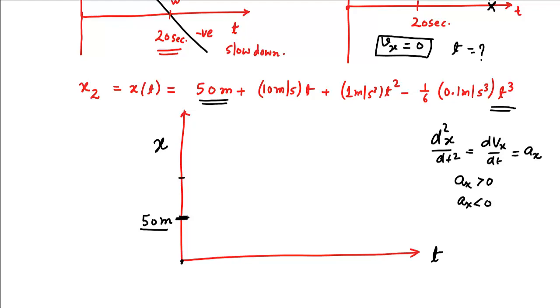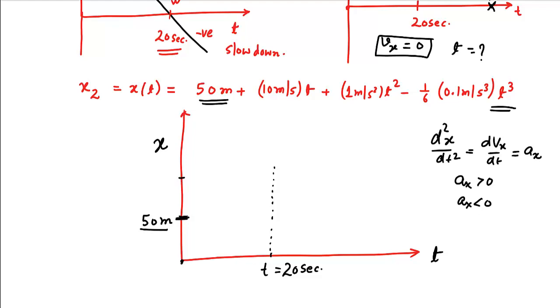At what point is acceleration equal to 0? If you remember, at t equals 20 seconds the acceleration is 0. Before that time acceleration is positive, and after that time it is negative. This means at t equals 20 seconds we have a point of inflection, that is, the curve is changing its nature.